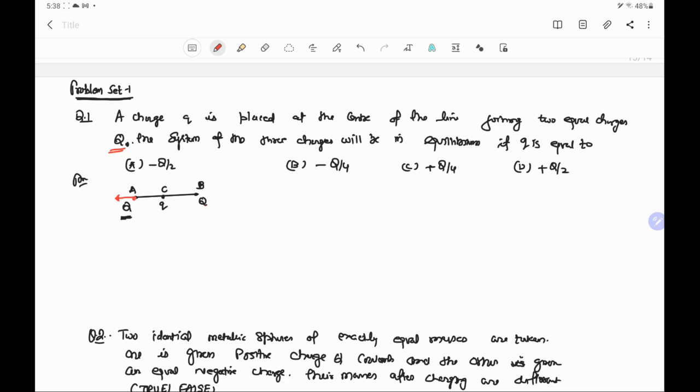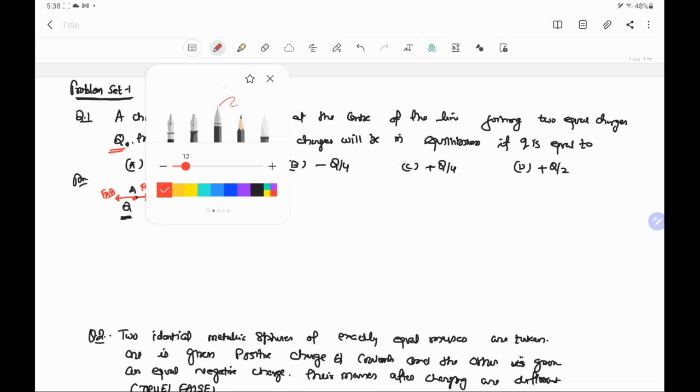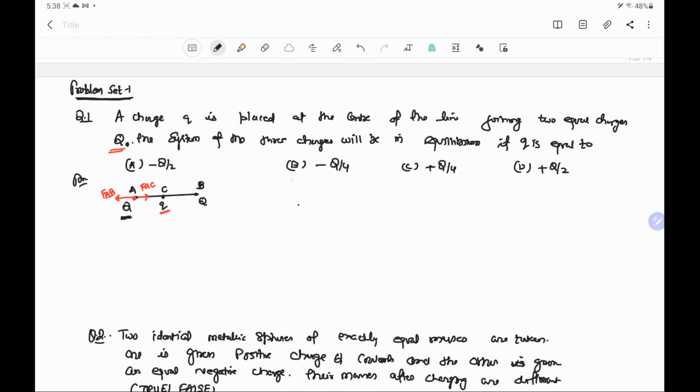Now, to balance this force, the force due to this small q at point C should be such that it opposes this left force. This is the force on A due to B. It should be cancelled out by the force on A due to C. That means for equilibrium, FAB should be equal to FAC in magnitude, and the direction should be opposite.